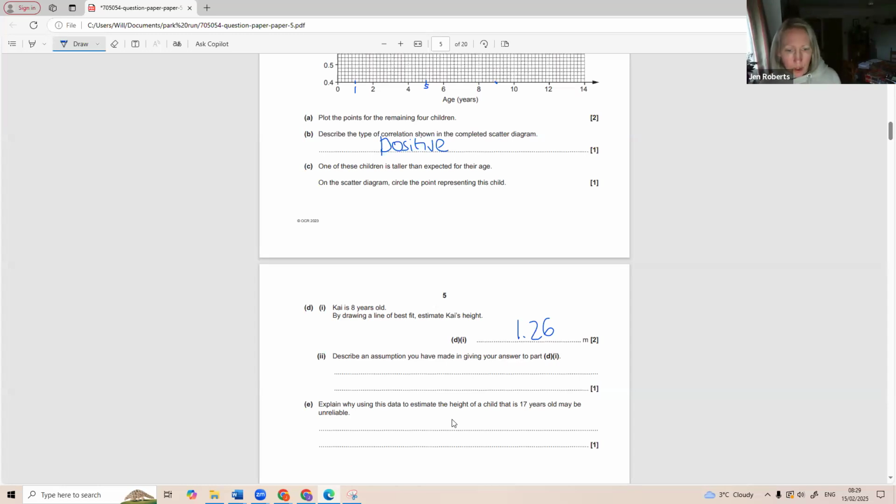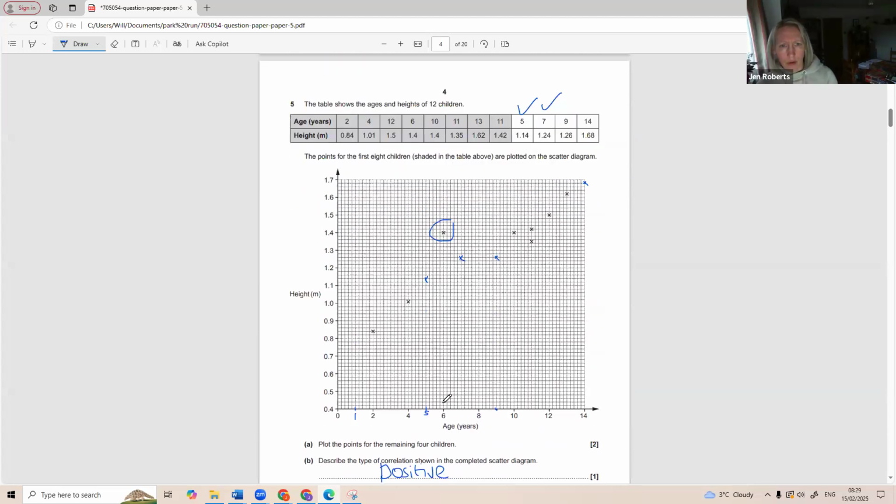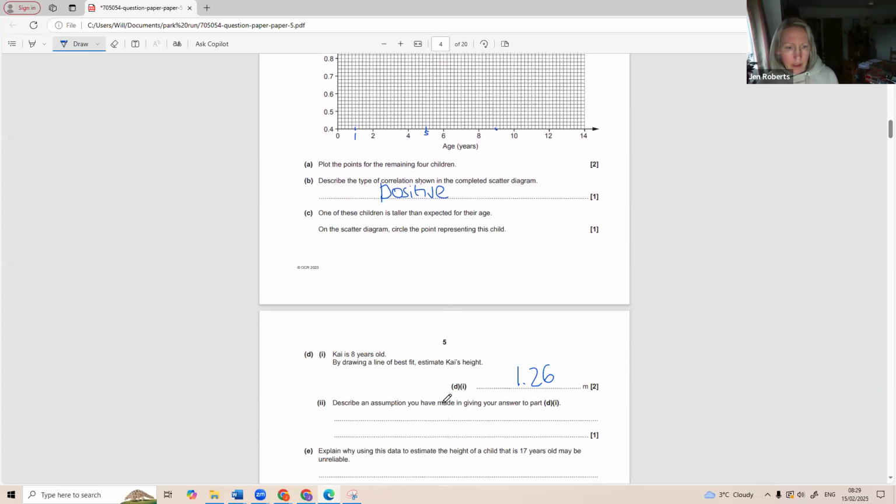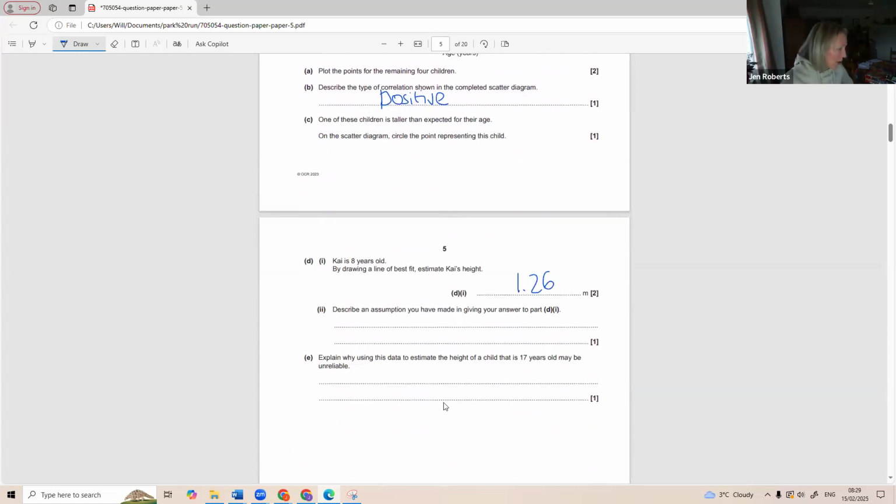So describe an assumption you've made for your answer in D part 1. It's kind of like all the children fit this pattern. So look, the child will fit the average pattern, something along those lines.